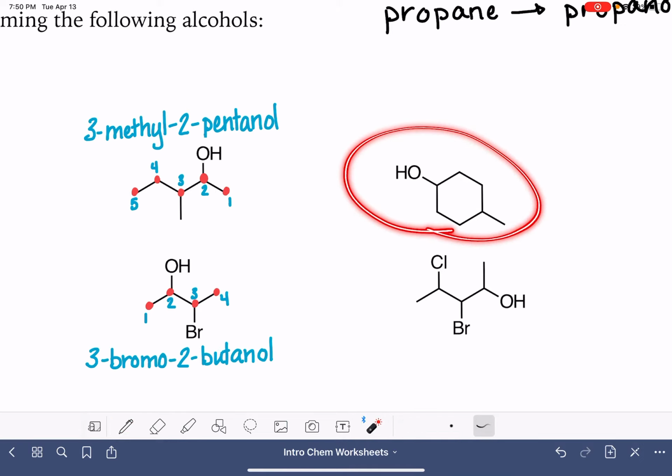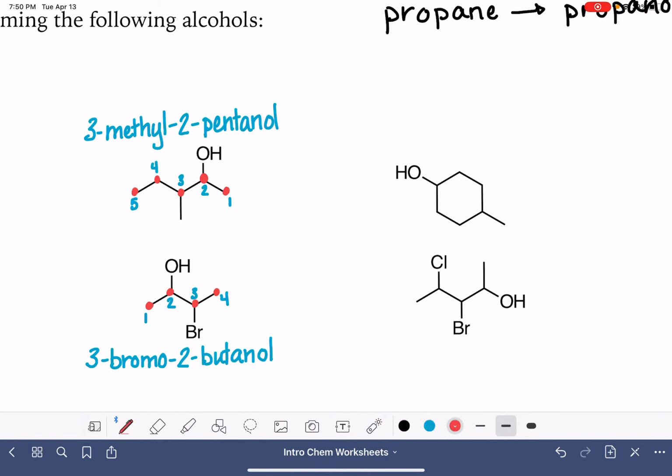Let's take a look at this one right here. This is a cyclic. So here is our longest carbon chain. With cyclics, we're going to give the number 1 position to the carbon that holds the alcohol, the OH. From there, we're going to either go clockwise or counterclockwise, whichever direction makes sense. We want to try to get to our substituent as fast as possible.